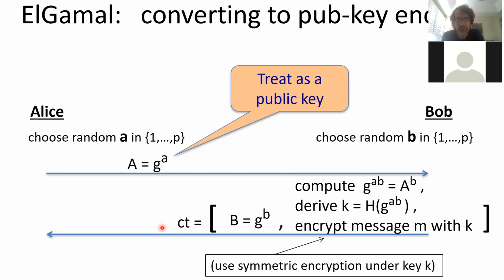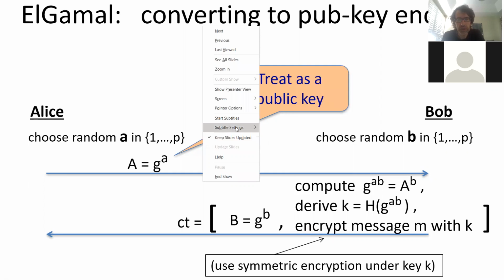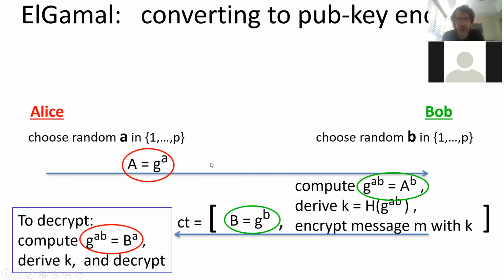Alice gets the stuff and decrypts it. How? She interprets the first part of the ciphertext as a Diffie-Hellman contribution by Bob, completes the Diffie-Hellman key exchange on her side using little a, and then she has the same value g to the ab.